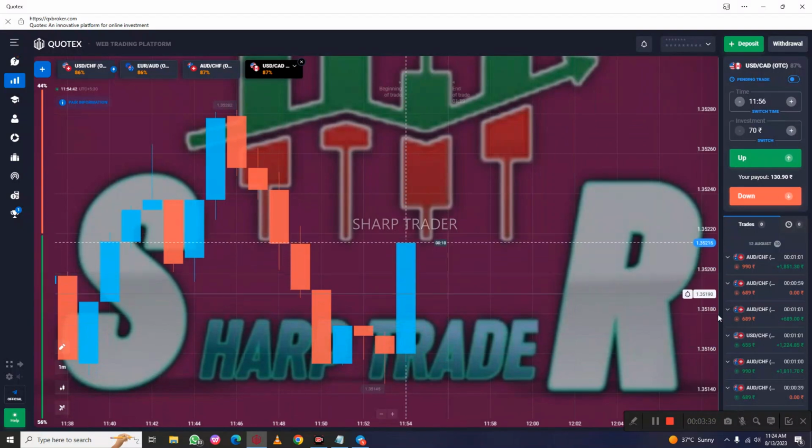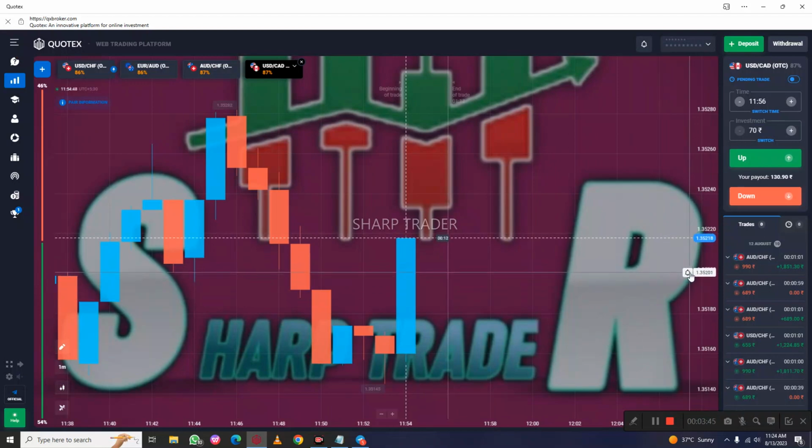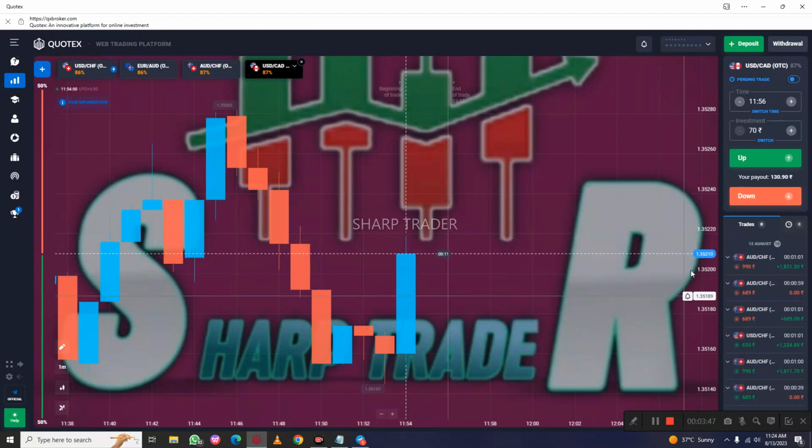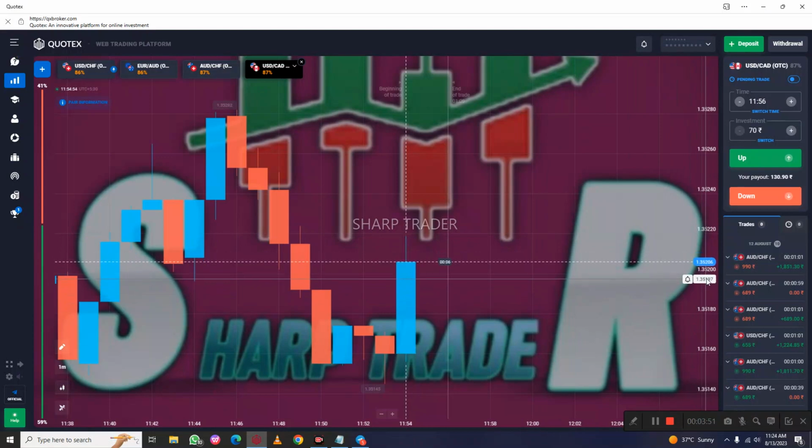In these values, if any value has 00 or 000 at the end, that grid line will be the round number. We will call it round number.